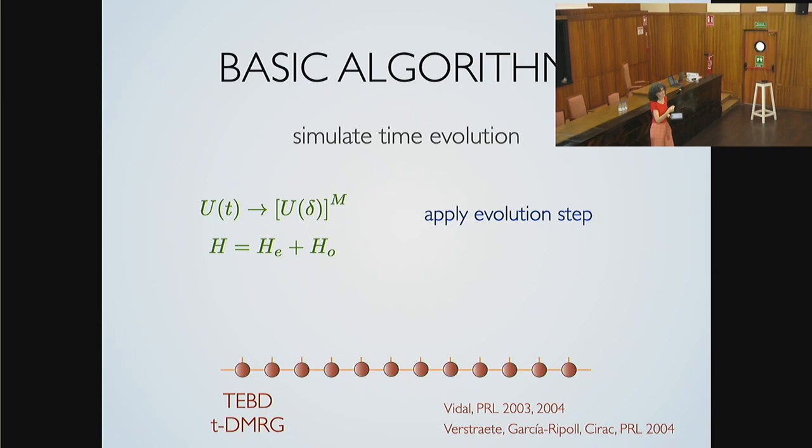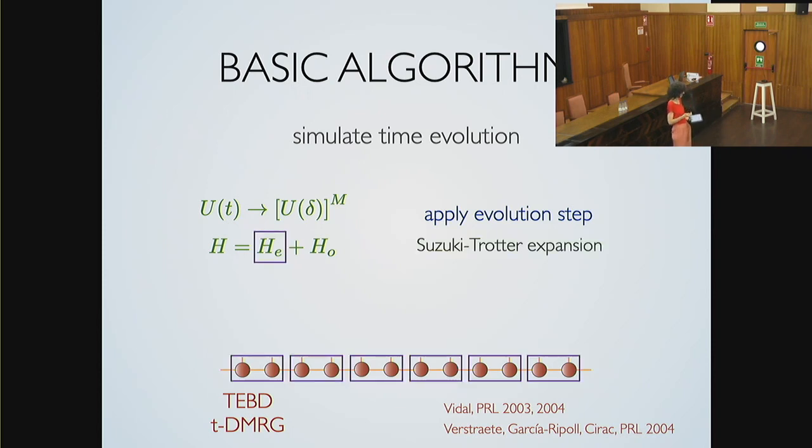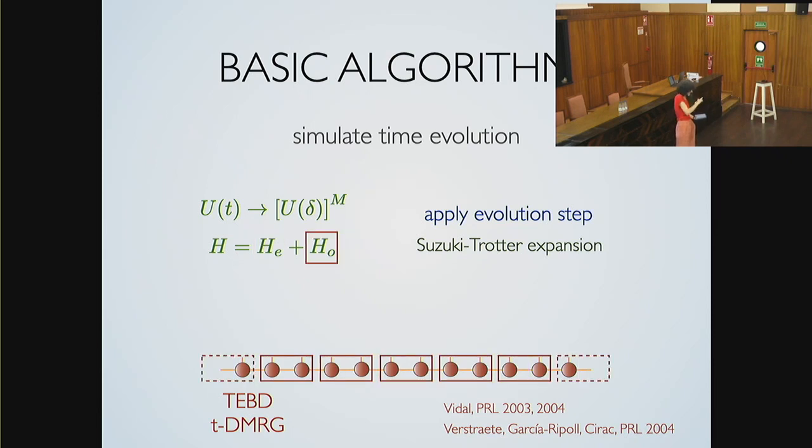In the case of a nearest neighbor Hamiltonian, the decomposition is that you have even and odd gates that act on even links or odd links, and you can split your Hamiltonian into these two terms and approximate the action of one step, and this is called the Suzuki-Trotter expansion, as the action of the even terms first and the odd terms later. The advantage of doing it this way is that within the odd terms, we have terms, for instance, that act on different links, so they do not overlap with each other, they all commute.